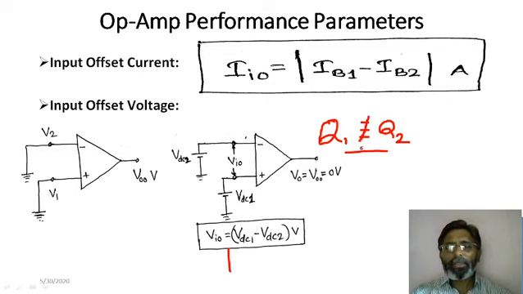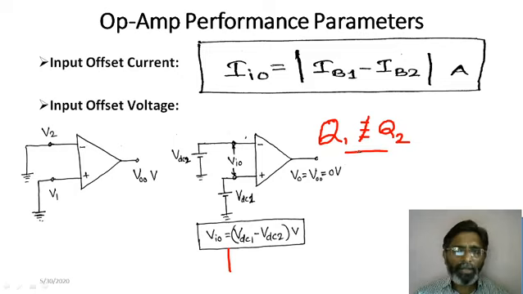Although we choose the same transistor manufactured by the same manufacturer from the same batch, you can't have two transistors having exactly the same characteristics. Because of that, if both were the same, then obviously IB1 and IB2 would be the same. But as these two are not the same, there is some small offset in the characteristics of these two.